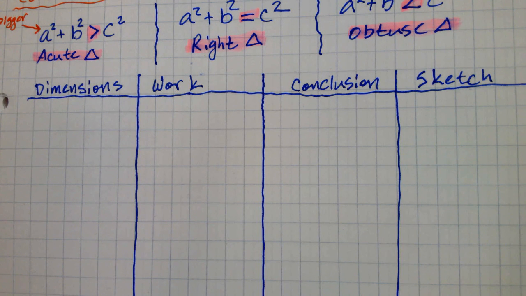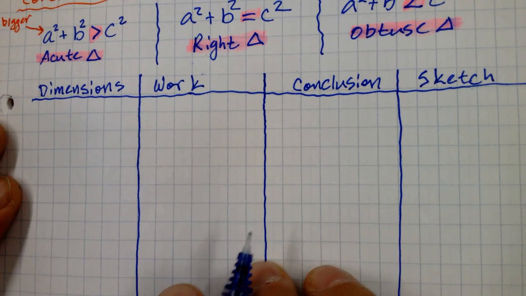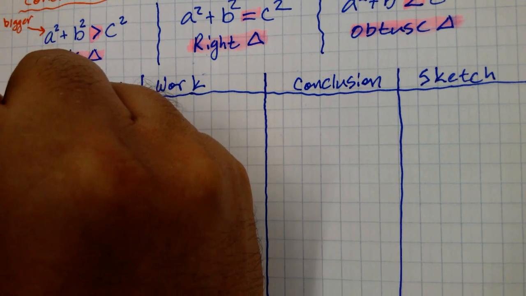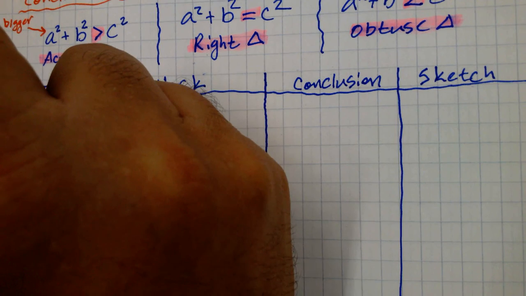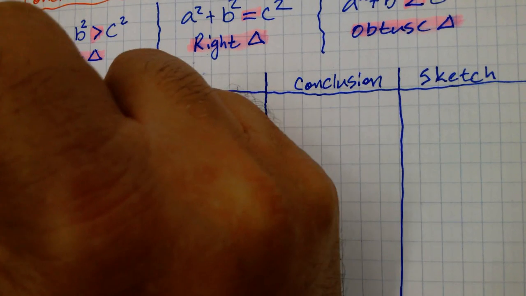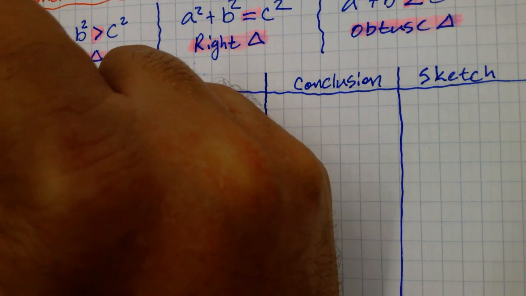All right. So the important part is I'm going to give you three sides of a triangle. The largest of the three sides always has to be our C value, okay? So here we go. Let's say the sides are 30, 15, and 45.